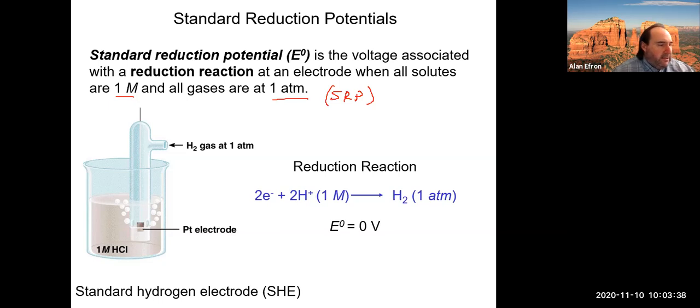So how do we know what the values of everything else are? Much like in a lot of parts of chemistry, they decided to choose one electrode as the standard. And it was a hydrogen electrode, sometimes referred to as the SHE, the standard hydrogen electrode. The standard hydrogen electrode is this reaction right here, this half reaction.